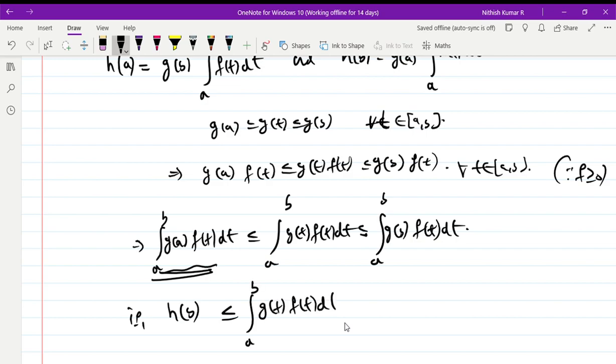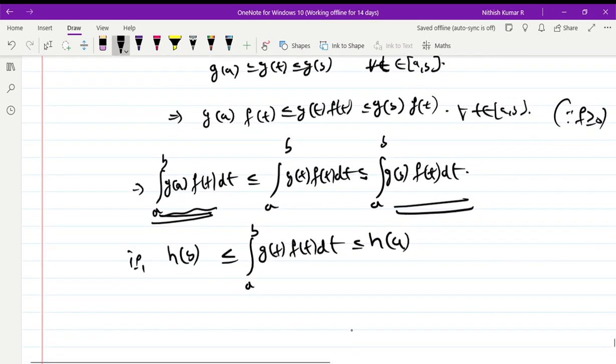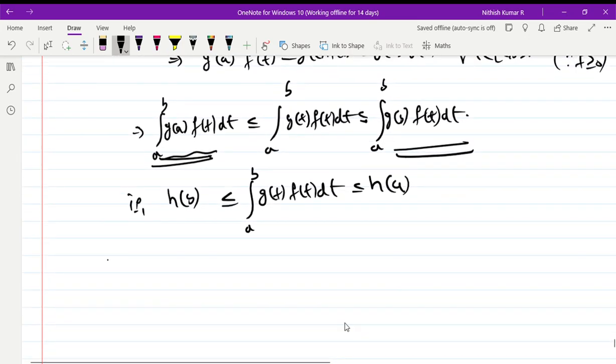Using the properties of integration, the left side is g(a) times the integral from a to b of f(t) dt, which is nothing but h of b, and it is less than or equal to the integral from a to b of g(t) f(t) dt, which is less than or equal to h of a, because that is nothing but g(b) times the integral from a to b of f(t) dt.